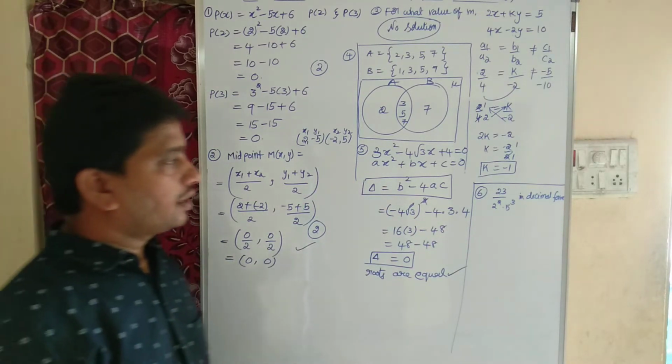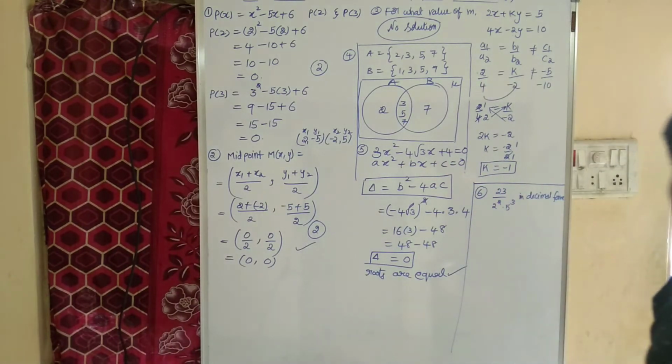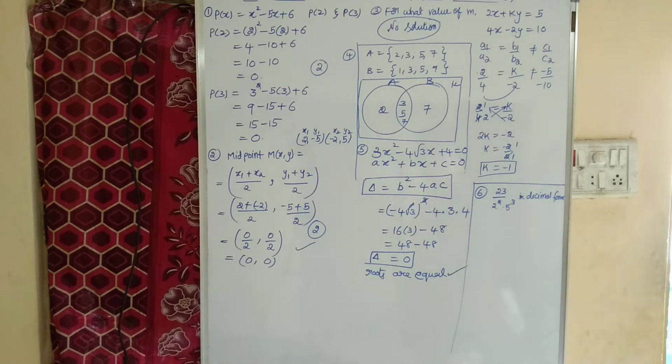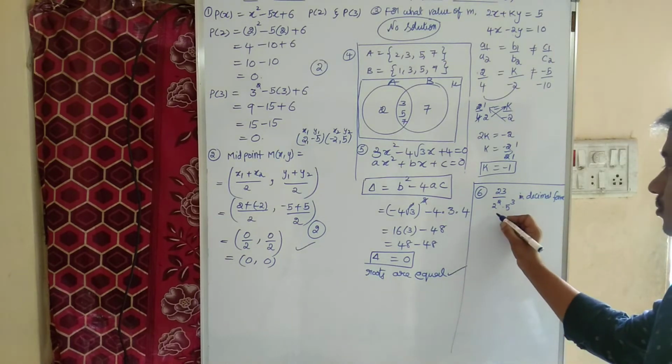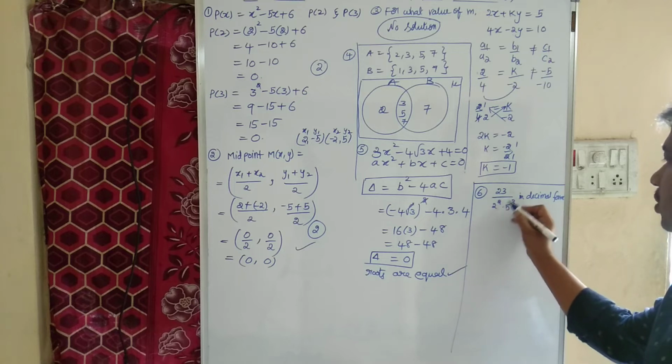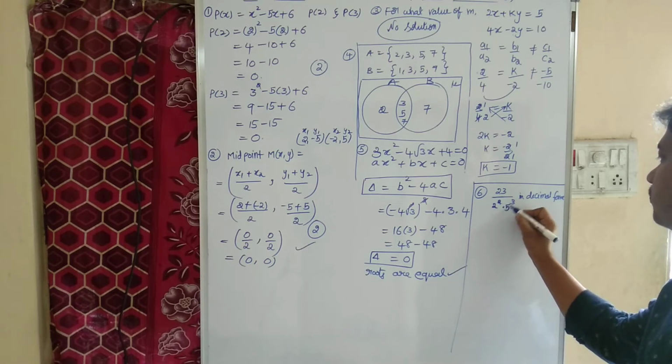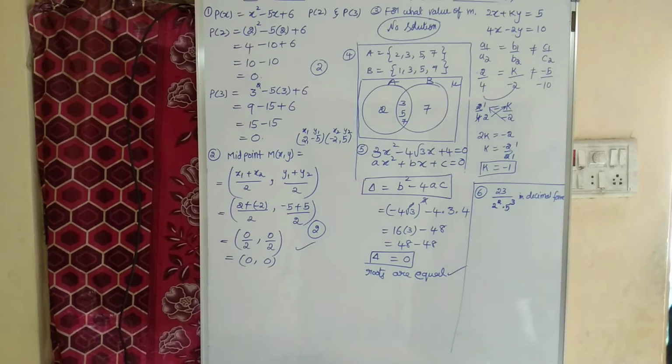Express 23 by 2 square into 5 over 3 in decimal form. Children, you must observe the question carefully. We know that the denominator is in the form of 2 power n into 5 power m.